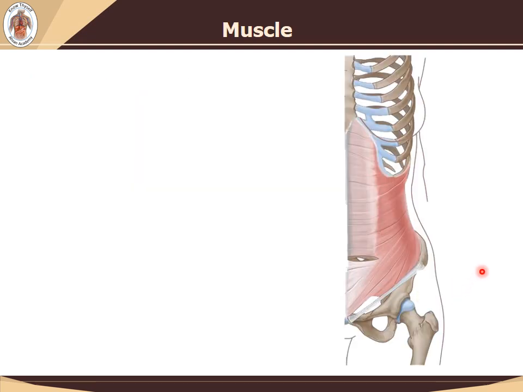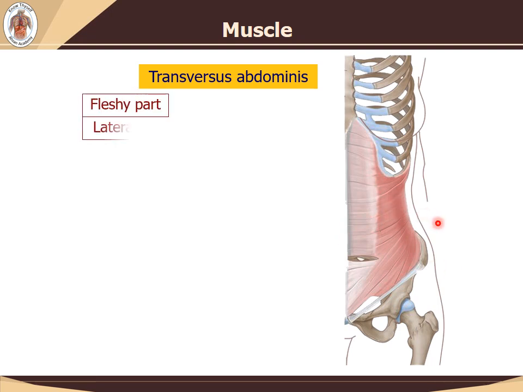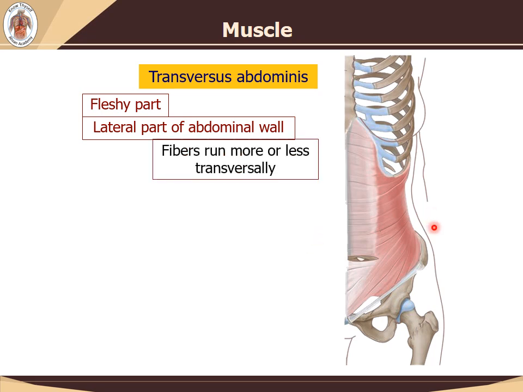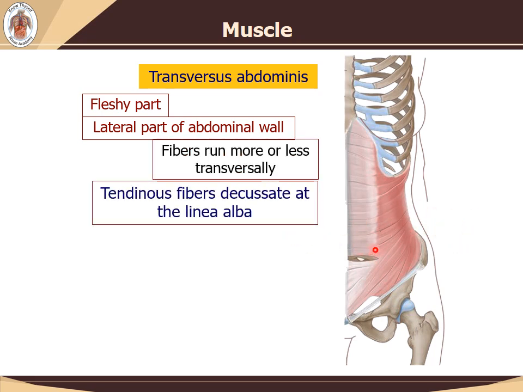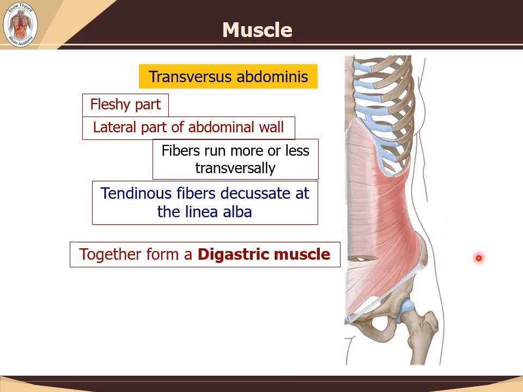The third layer from outside is the transversus abdominis. You can see the fleshy parts occupy the lateral part, and the fibers run almost transversely. So this fuses with, or decussates with, the fibers of the opposite side, similarly making a digastric muscle and working as a single unit.